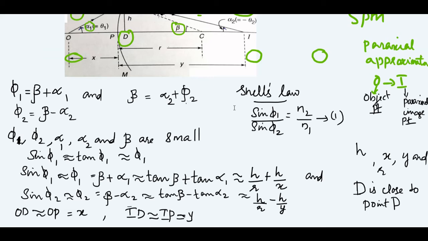From Snell's law, we have sine phi 1 by sine phi 2 equals n2 by n1. Let it be equation number 1.